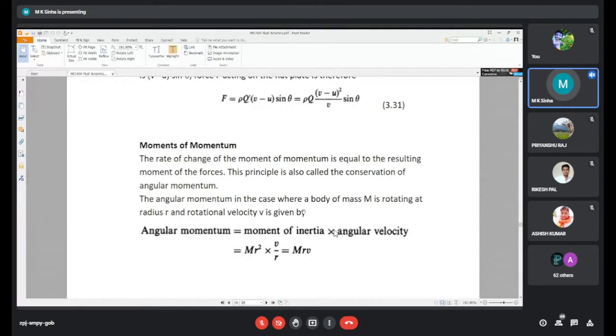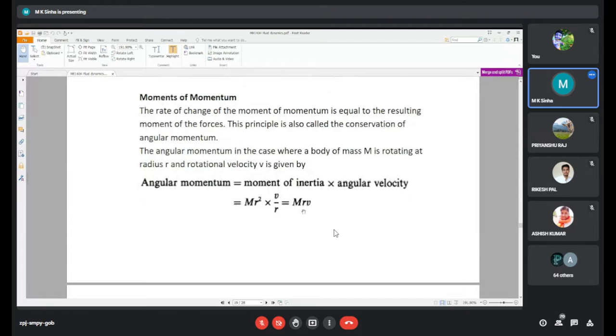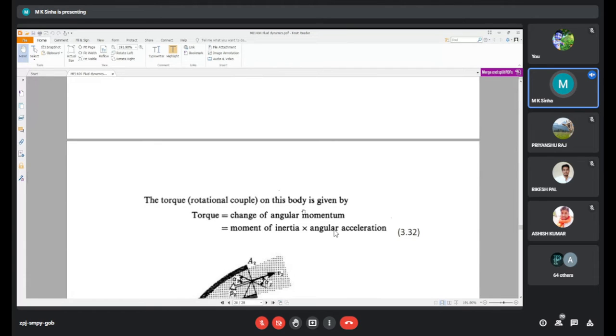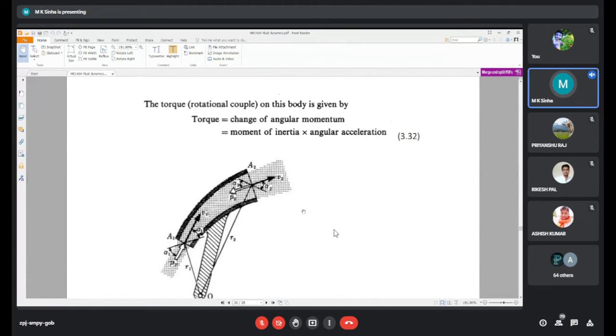So this is about the linear momentum of a fluid jet striking a fixed plate and a moving plate. Then comes the moment of momentum, or angular momentum: moment of inertia into angular velocity, and torque is the change in angular velocity, moment of inertia into angular acceleration.